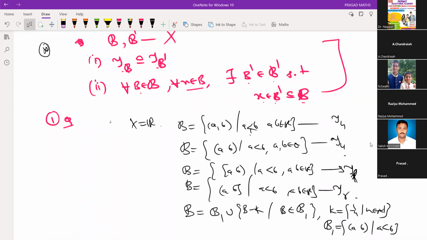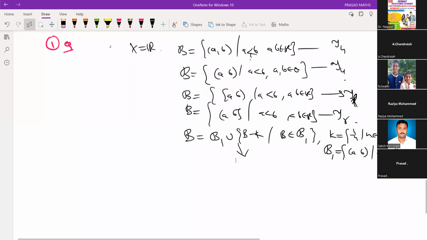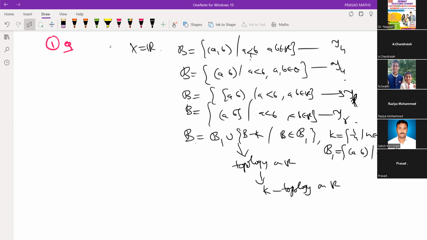Yes. This is an open base for some topology. Once you are given an open base, as I already told you, this generates some topology on R. This topology is nothing but the K topology. Understand? You are given an open base means that it generates some topology. That topology is here the usual topology.